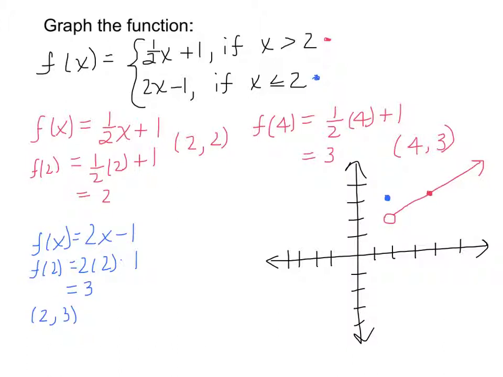So I'm going to go to 2, 3. And then I need a number smaller than 2. I'm going to use 0 because that's always easy to plug in. So 2 times 0 minus 1, that equals -1. That point is 0, -1.